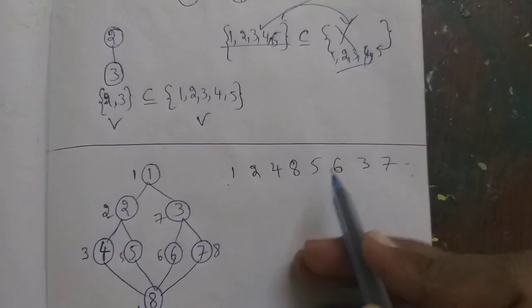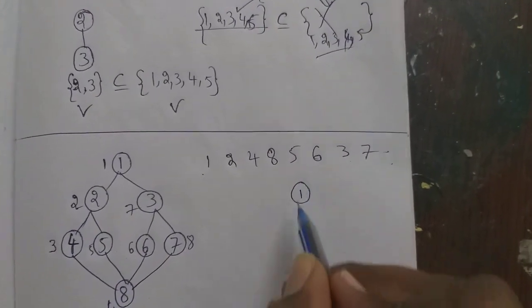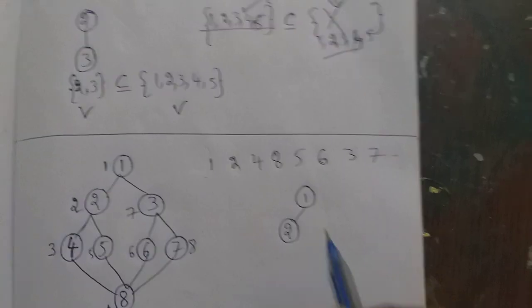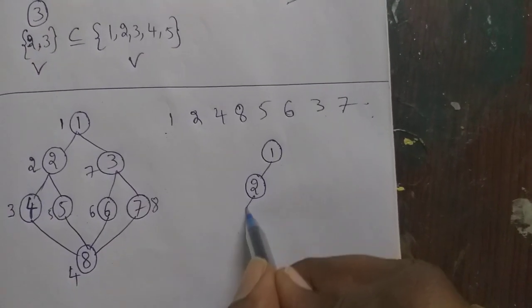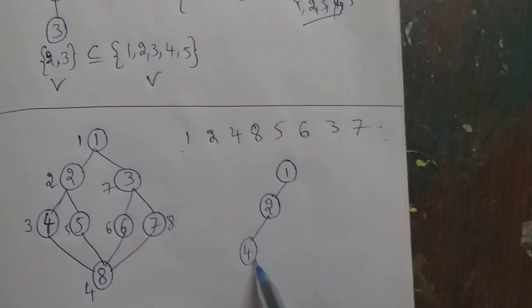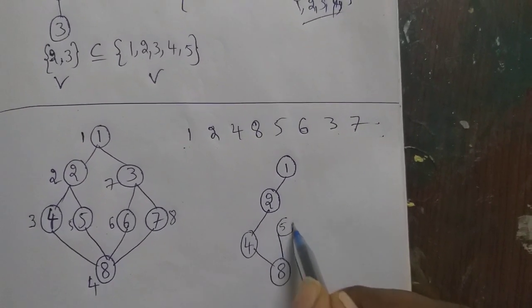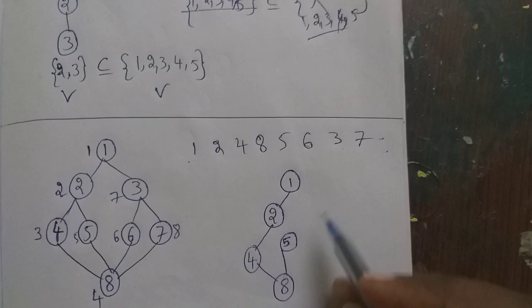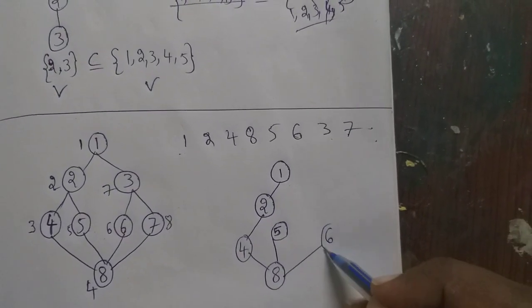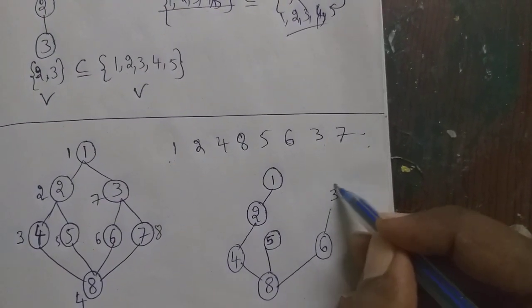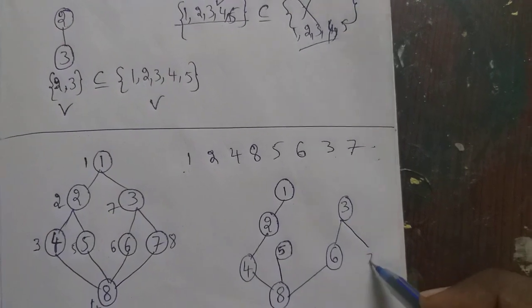We'll try to draw the tree using this path. 1, 2, 4, 8, 5. Next one is 6. Next one is 3. And the next one is 7.